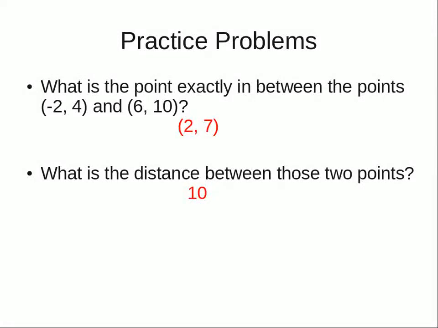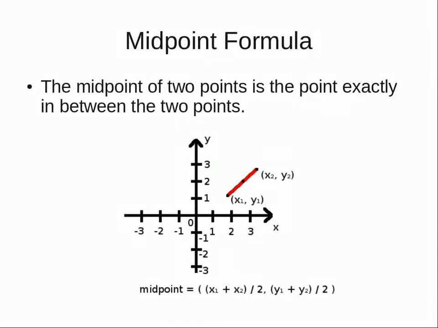Discussion. Midpoint formula. Midpoint refers to a point in between 2 points. All right? Look in the diagram. I've defined 2 points with x and y values, (x1, y1) and (x2, y2). All right?